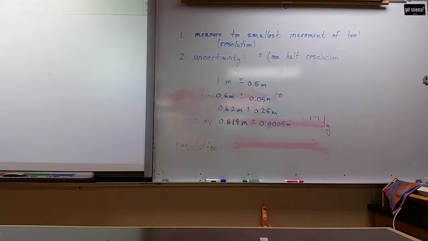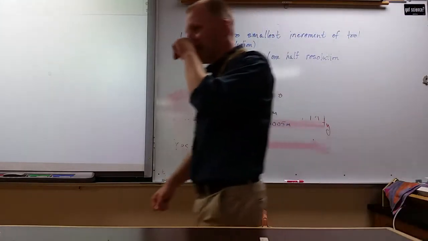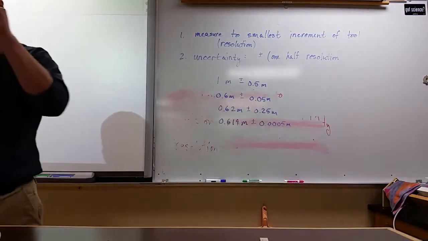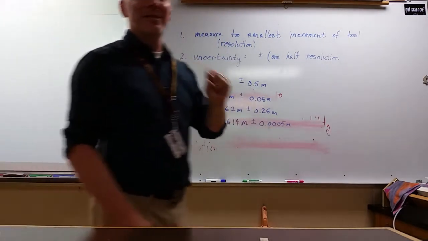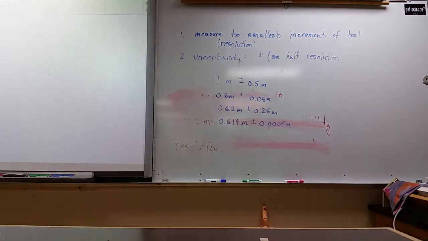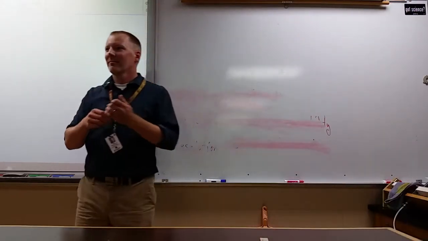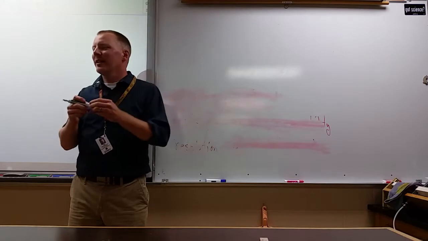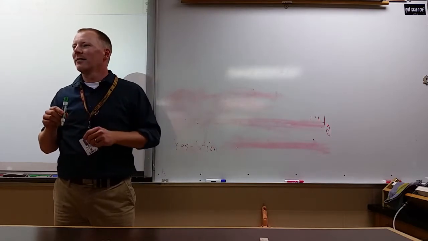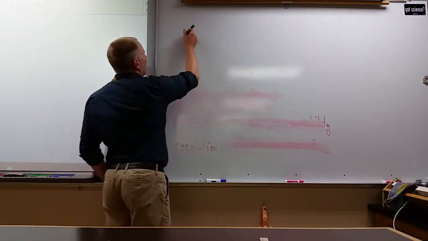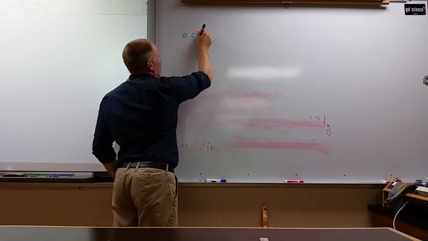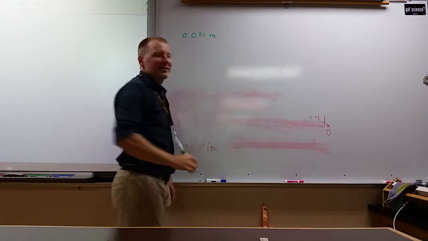Now I have another task for you. Use one of your devices there to measure the thickness of the black tabletop. Okay, what do we have for the thickness? Whatever you like. It's fine. In meters, 0.031, you said? What's the uncertainty?